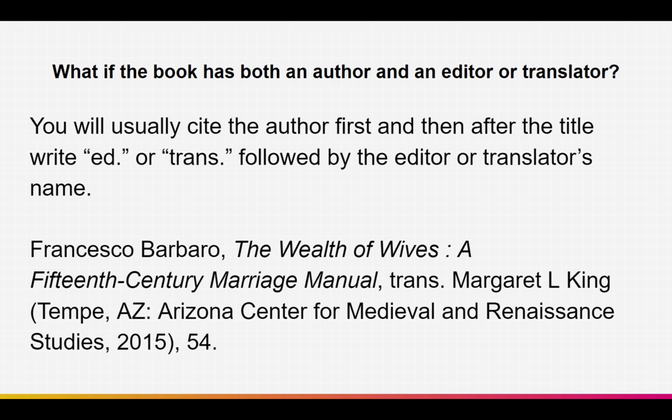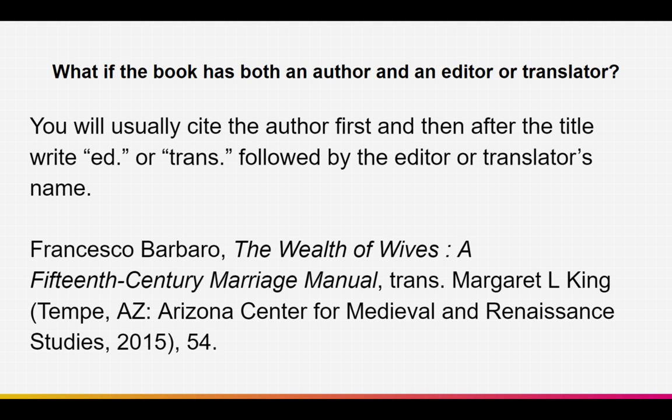Now, most of the time, editors will get the same treatment as an author. But what if your book has both an author and an editor, or an author and a translator? Well, you will usually cite the author first. Then, after the title, you will write the editor or translator's name, usually preceded by the appropriate abbreviation. So eds. full stop if it's an editor, or trans. full stop if it's a translator.